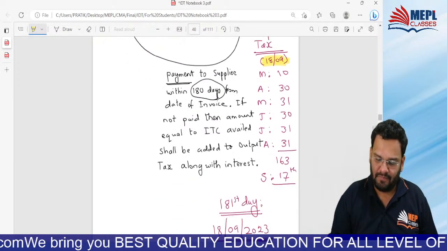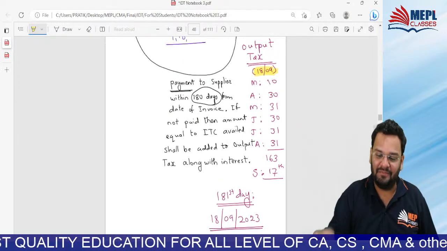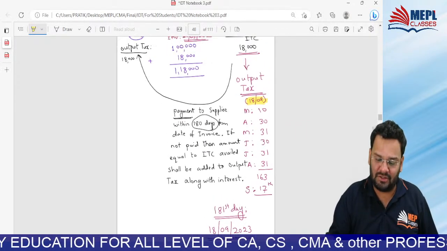Agreed? Yes or no? Tell me quickly whether you understood this proviso.